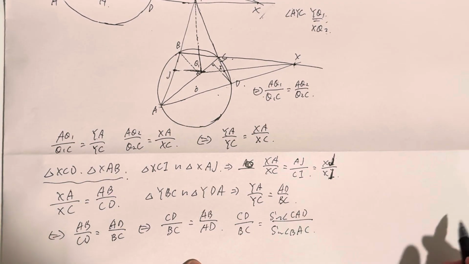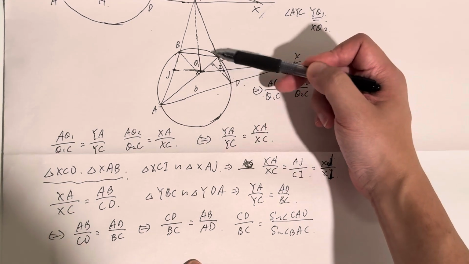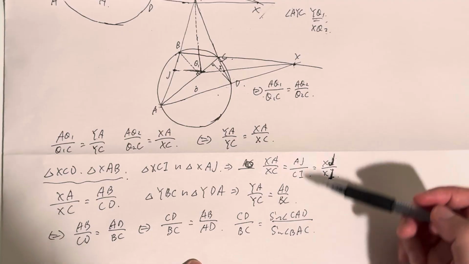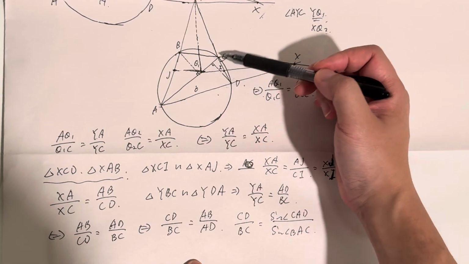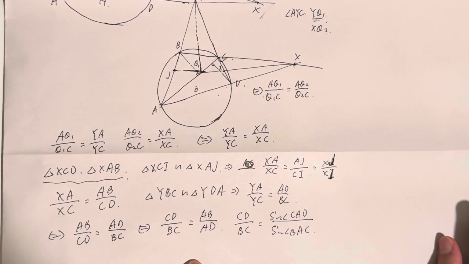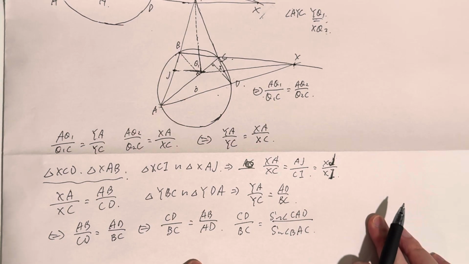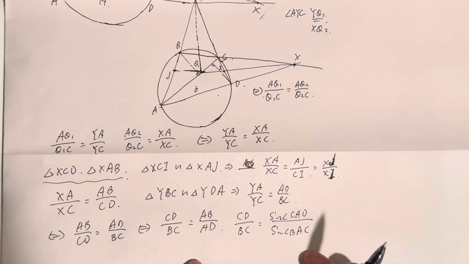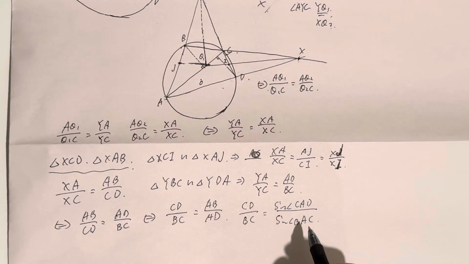So 2r cancel each other, so we got this one. Basically, that means CD to BC equals sine angle CAD to sine angle BAC, right? And because of this, this is what we already know, right?